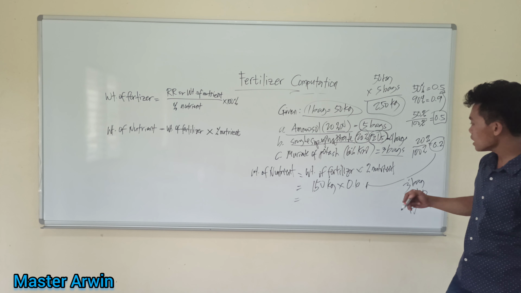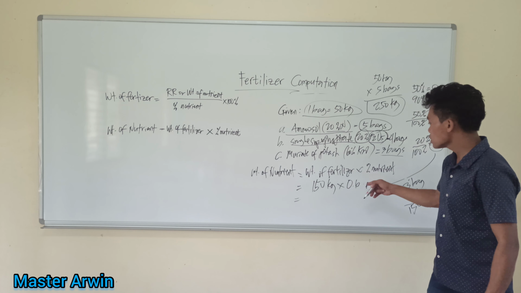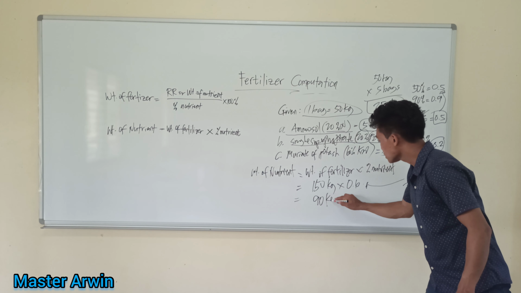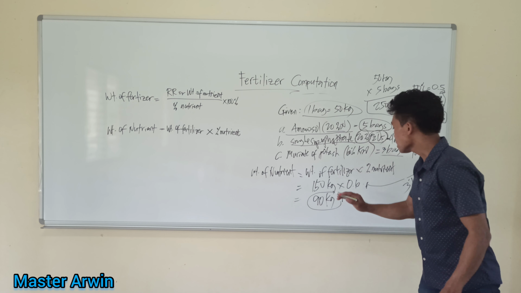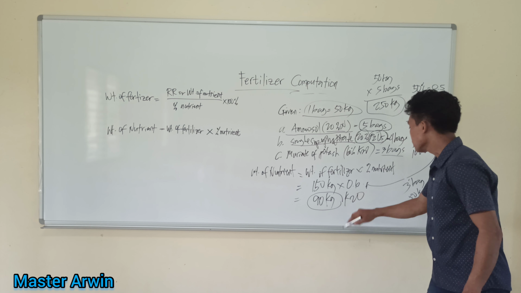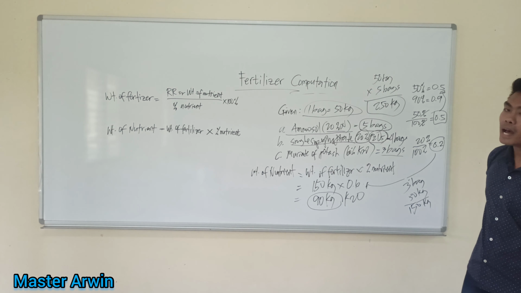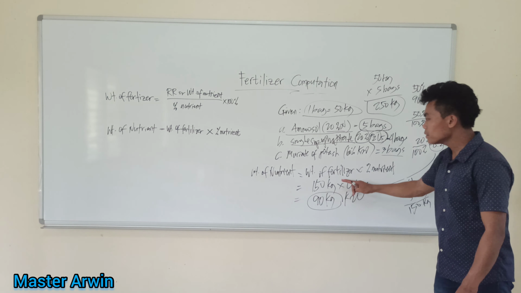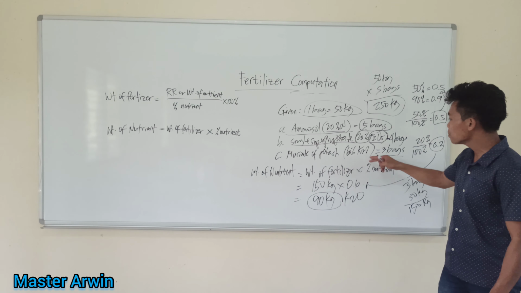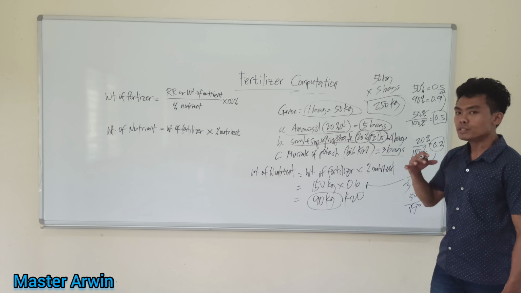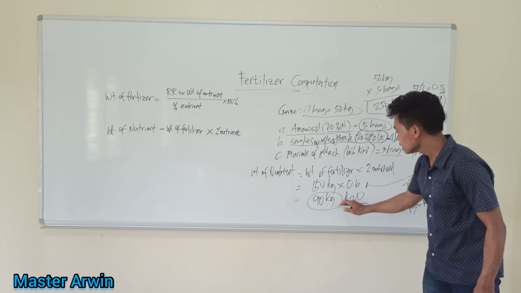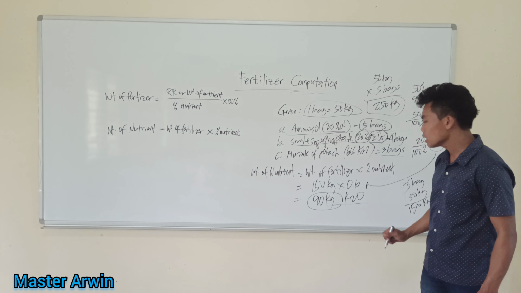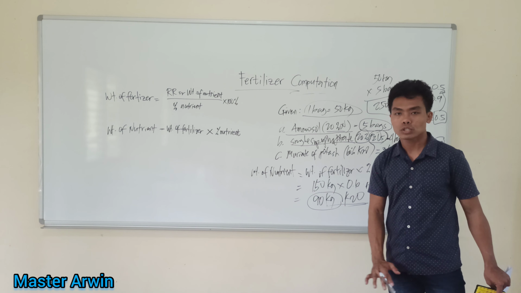So 150 kilograms times 0.6, that would be 90 kilograms of potassium. So this means that if you apply 3 bags or 150 kilograms of muriate of potash, you also apply 90 kilograms of potassium.